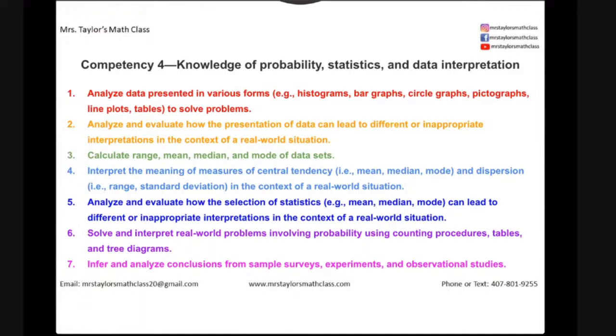You pretty much got this competency under control. So I won't read through all of the standards, but as you can see, it's several of them, and they vary in complexity. But let's go ahead and get started with a couple of them.